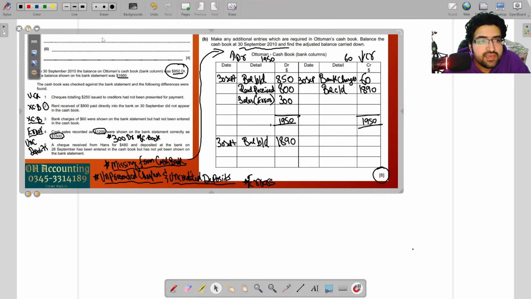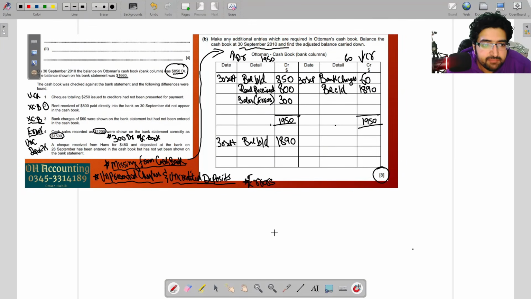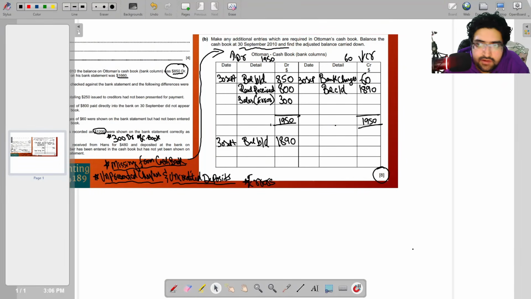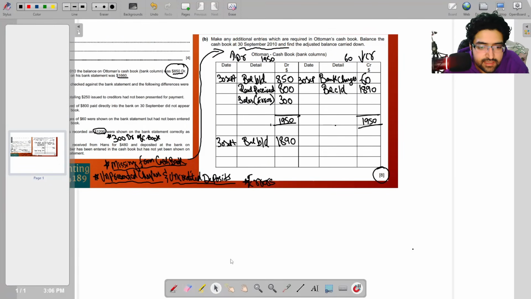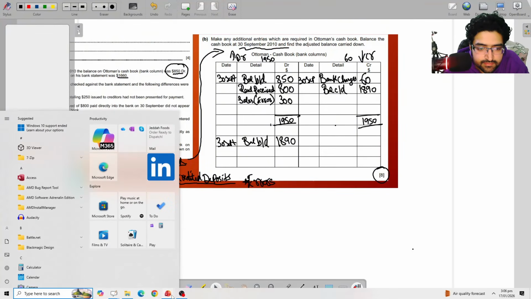Okay, so we have all this information available with us now. We simply have to prepare the bank reconciliation statement. So let me do it here. In your CIEs they give you the format, so you don't have to worry about making it yourself. Let me open the slide and bring the format here.